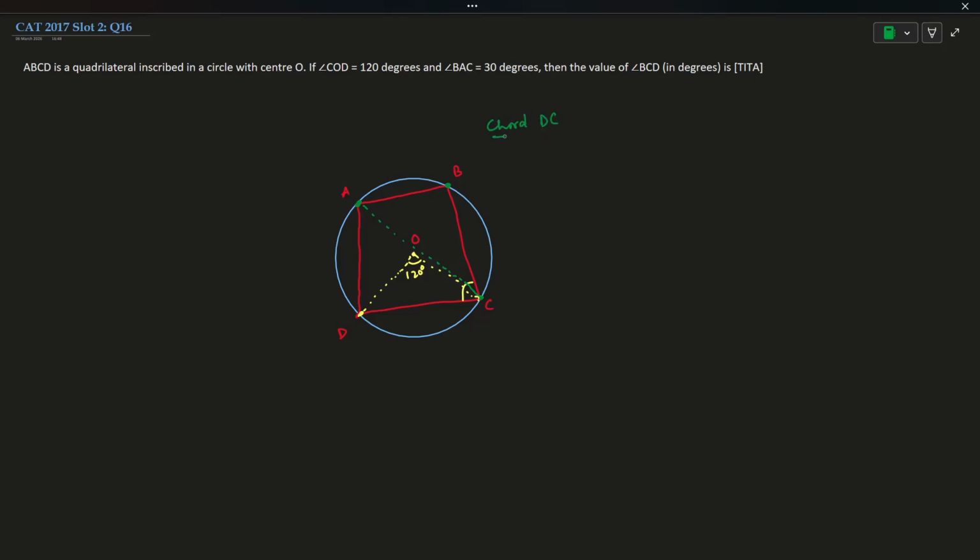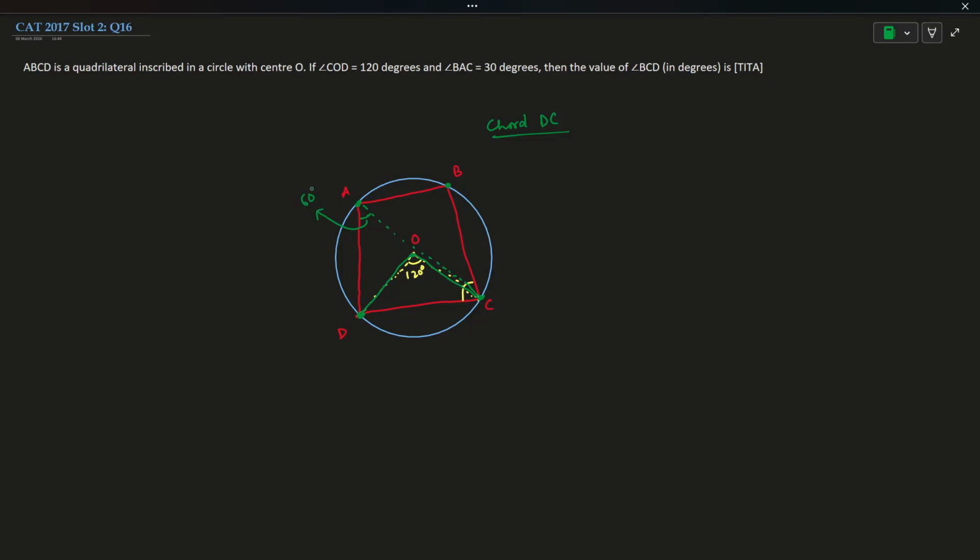Now focus on chord DC. This chord is subtending an angle of 120 degrees at the center of the circle. So what will be this angle? This angle will be 60 degrees.